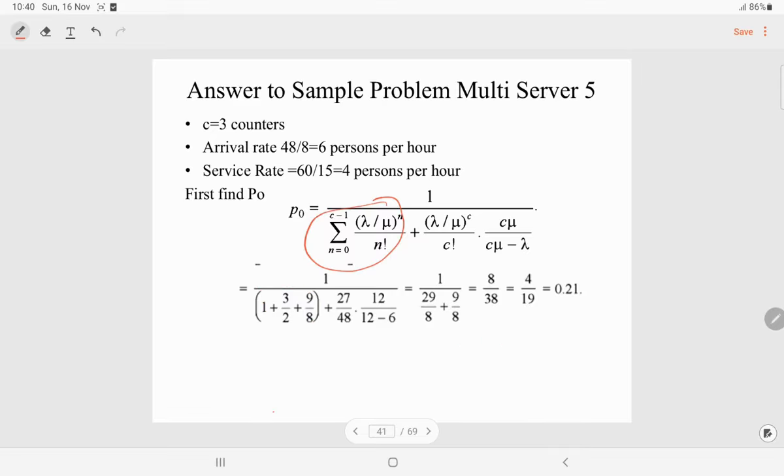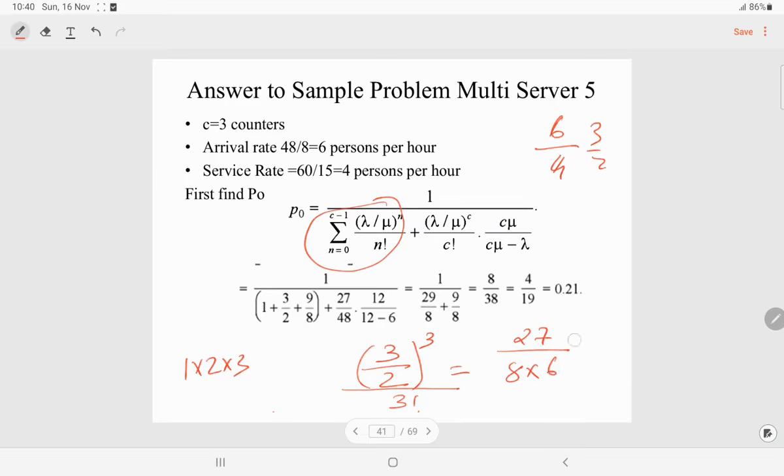Okay. The second term, that is lambda by mu, that is 3 by 2, because 6 divided by 4 is 3 by 2. So 3 by 2 the whole raised to C. C is actually 3. So 3 by 2 cubed is 27 divided by 2 cubed, which is 8, into 3 factorial, that is 1 into 2 into 3, which is 6, is equal to 27 by 48.